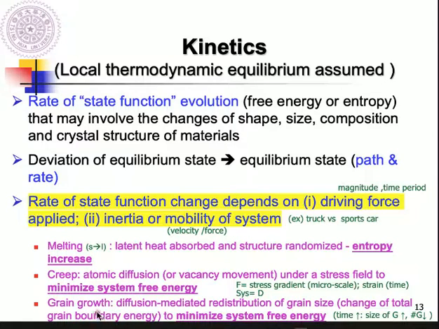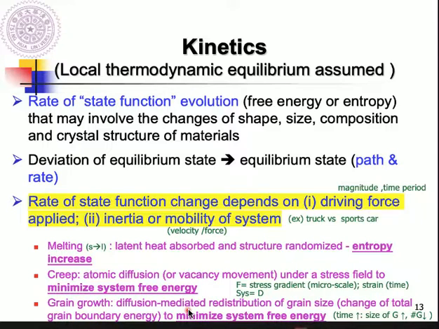So the driving force probably is the grain boundary energy, and the inertia of the system also will be the diffusivity, because it involves the mass transport or diffusion. So it will be the diffusivity path or diffusivity of these atoms.